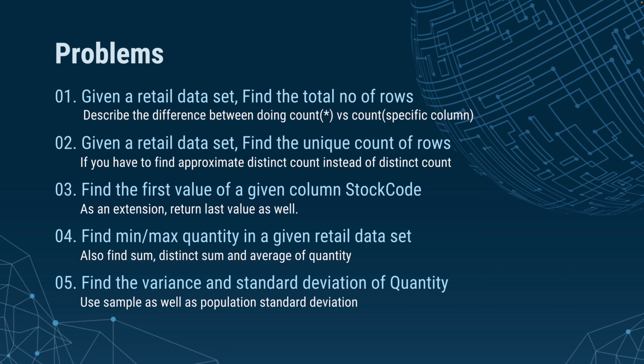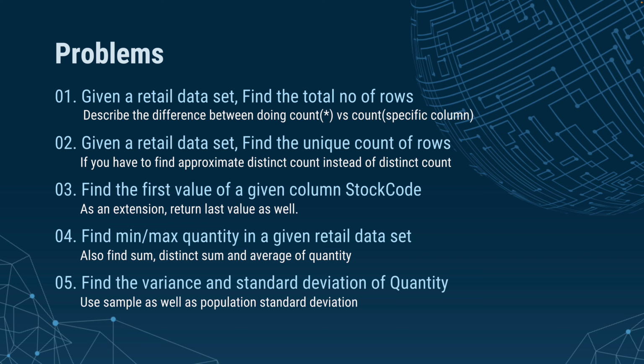You will find it in the Spark definitive guide GitHub link. I usually use the data available in that GitHub, and using that data we'll use different aggregation functions: count, sum, minimum, maximum, standard deviation.